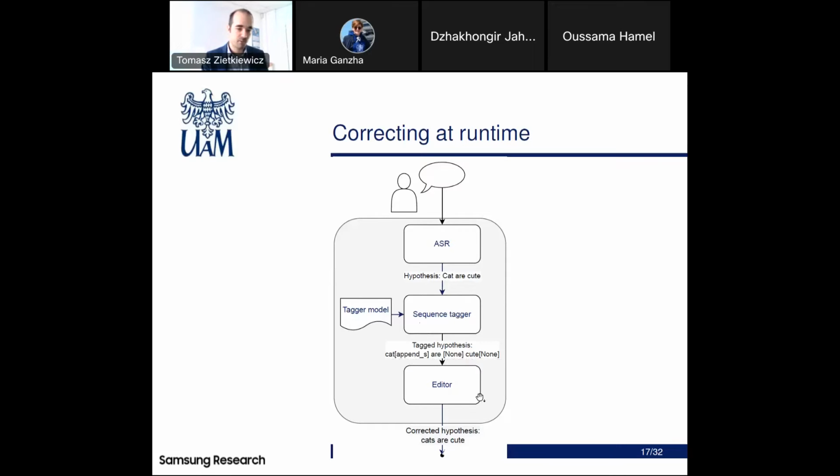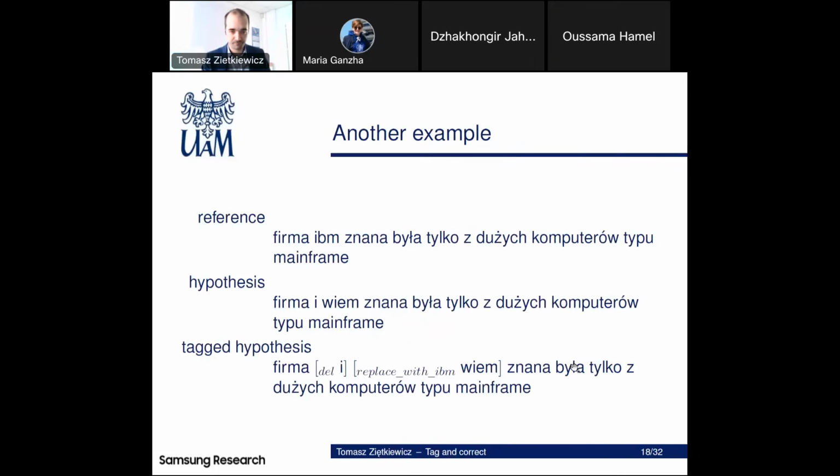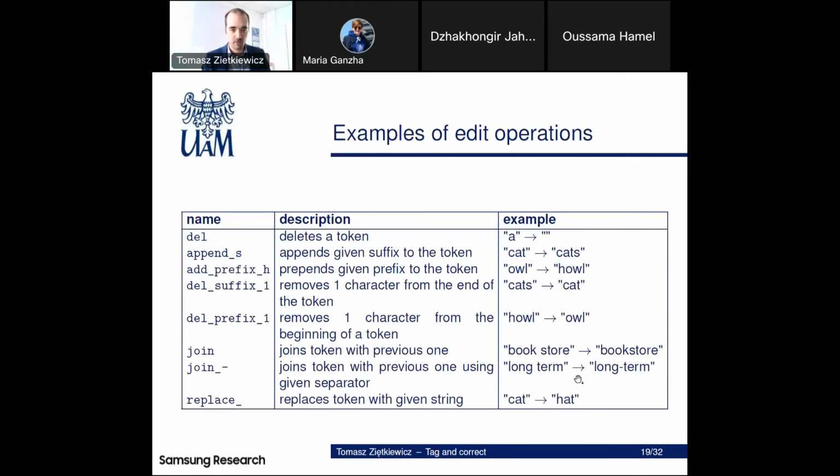And then there's a model called editor, which applies these edit operations, or does not apply them. I mean, we can filter some of these operations if we want. And it returns a corrected hypothesis. In this case, cats are cute. Okay, another example is not needed because we are running out of time.